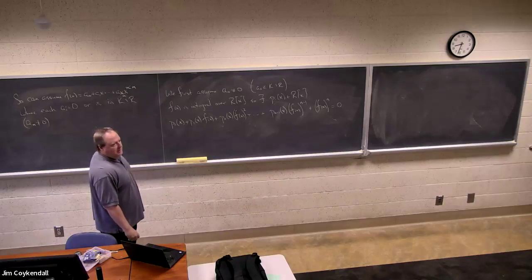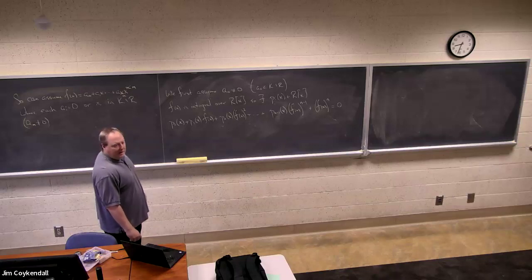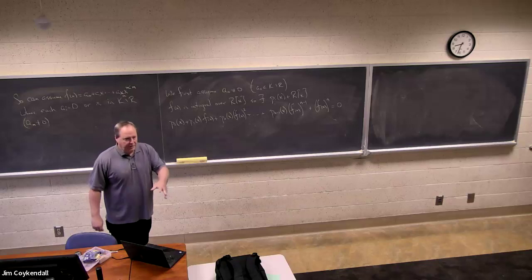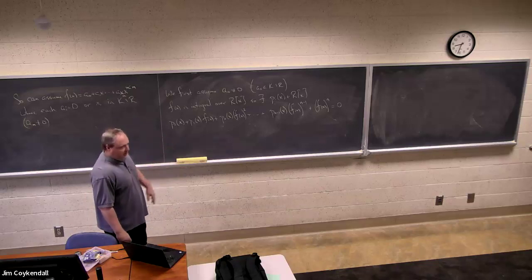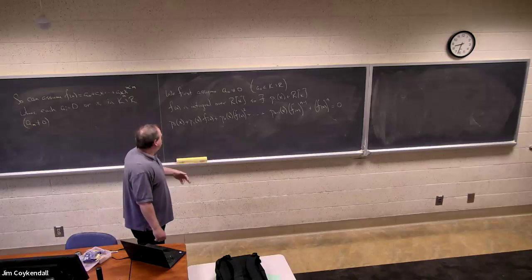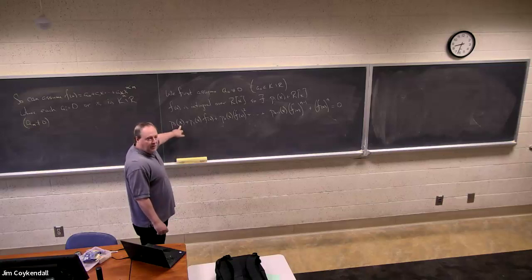Now does anybody see what to do to get a contradiction here? Plug in, yeah. So do the constant term, because there's no mixing up there. Or more succinctly, consider the homomorphism that goes from R[x] to R just by letting x be zero.